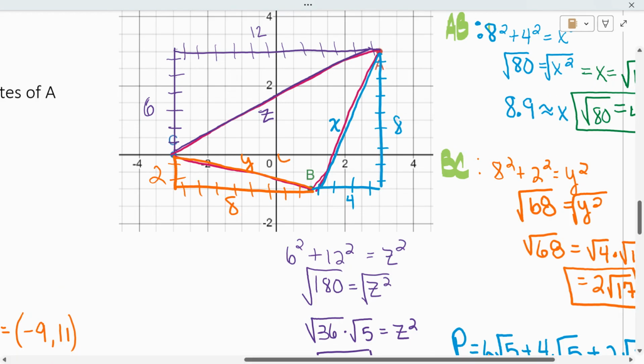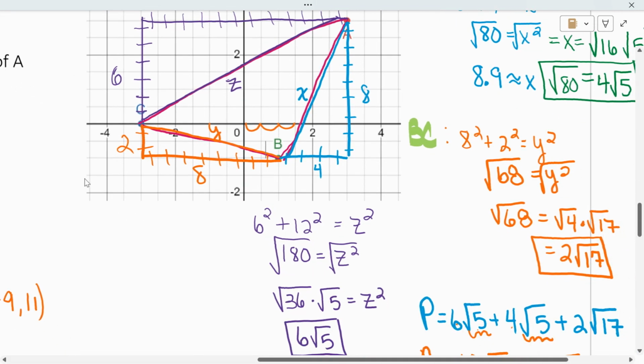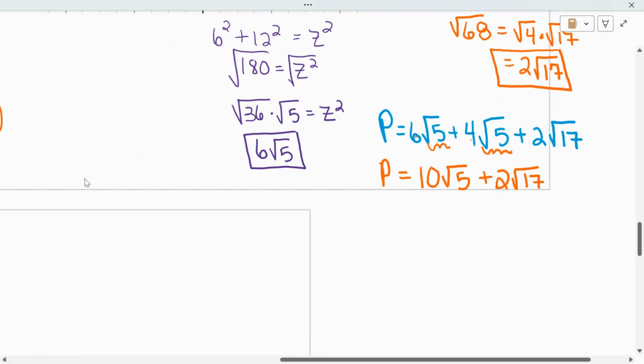Is each grid a whole unit or a half of a unit? It's a half. That means that my perimeter has to be divided by 2 because it's 2 times too big. If I had used the distance formula, you would have gotten that when you subtracted those ordered pairs. It's just something to look for.